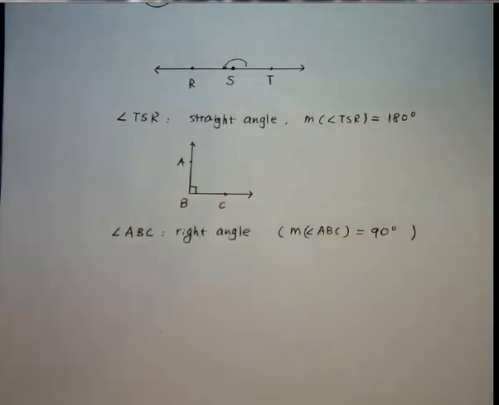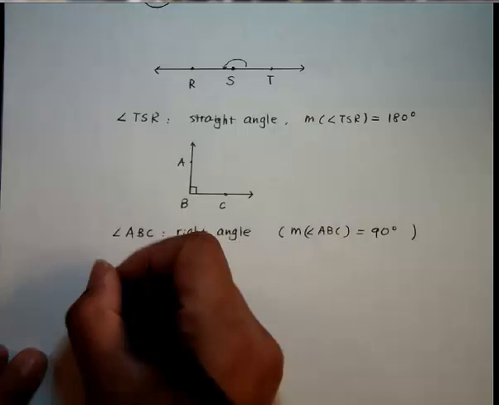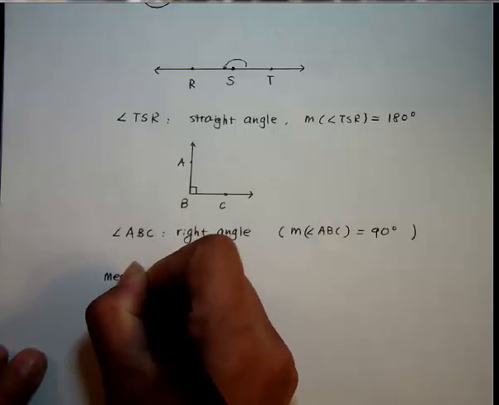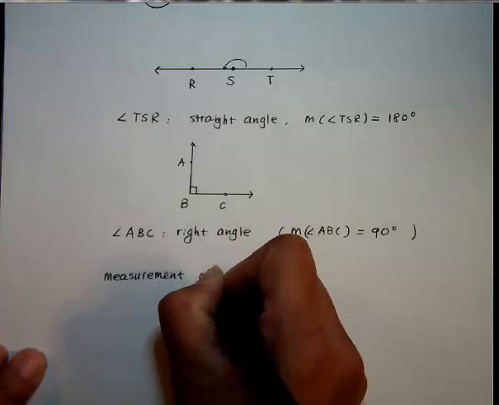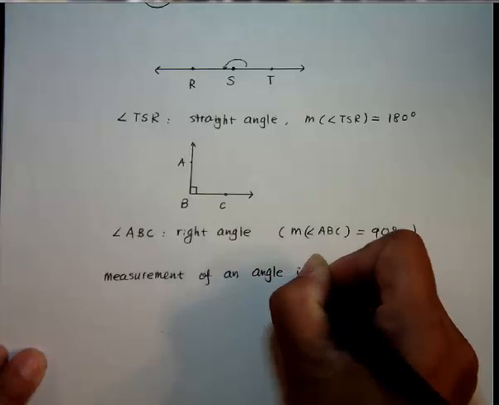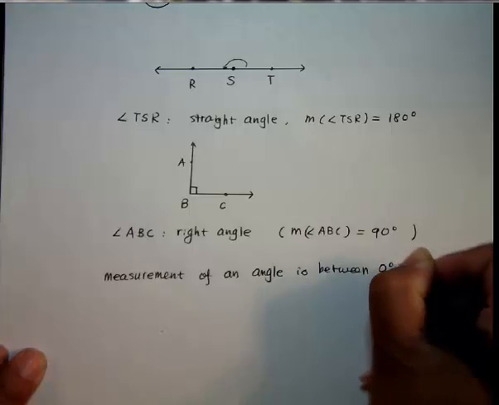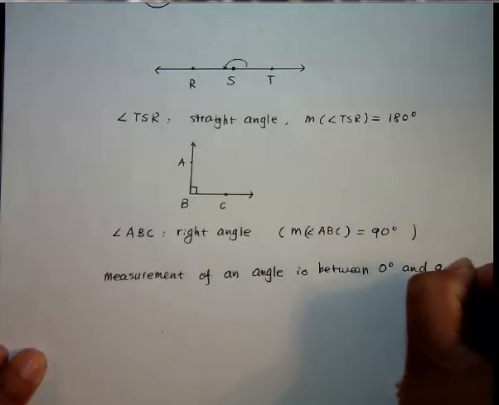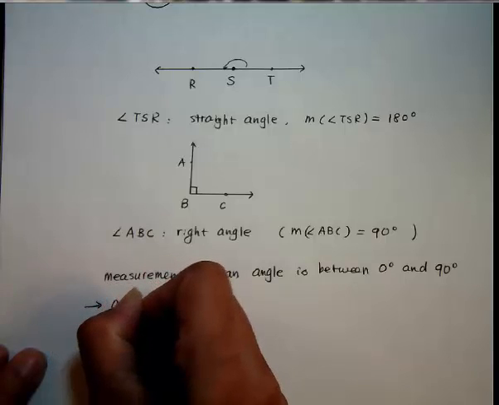And for acute angles, they are angles with measurements between 0 degrees and 90 degrees. So if the measurement of an angle is between 0 degrees and 90 degrees, we call it an acute angle.